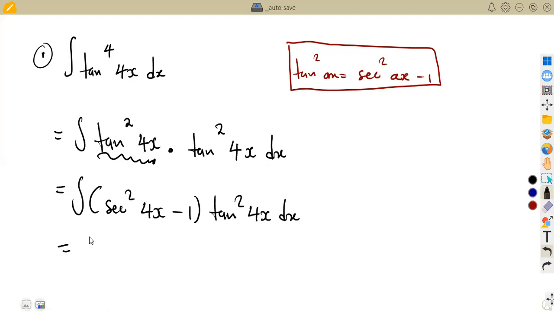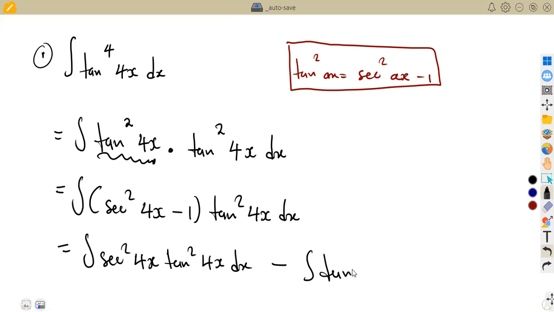If we expand this, we obtain the integral of sec squared 4x times tan squared 4x with respect to x, minus 1 times tan, so minus the integral of tan 4x dx.